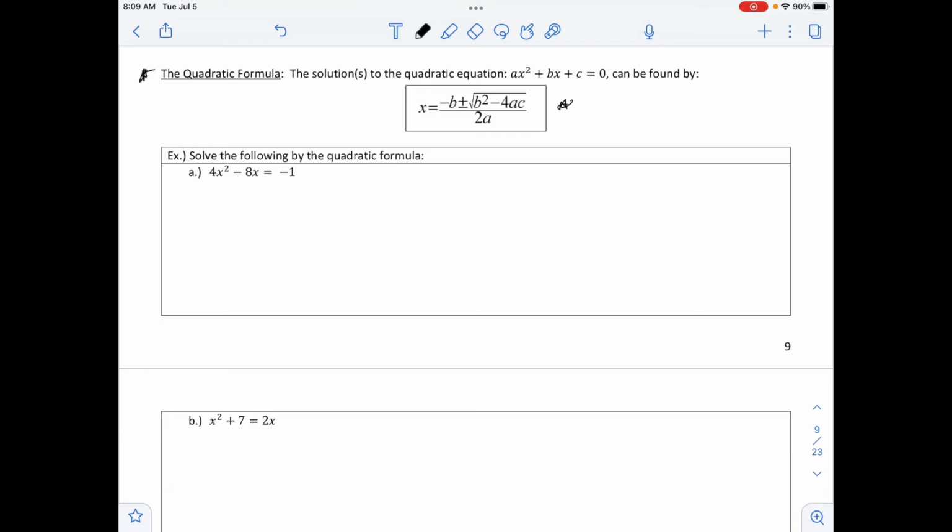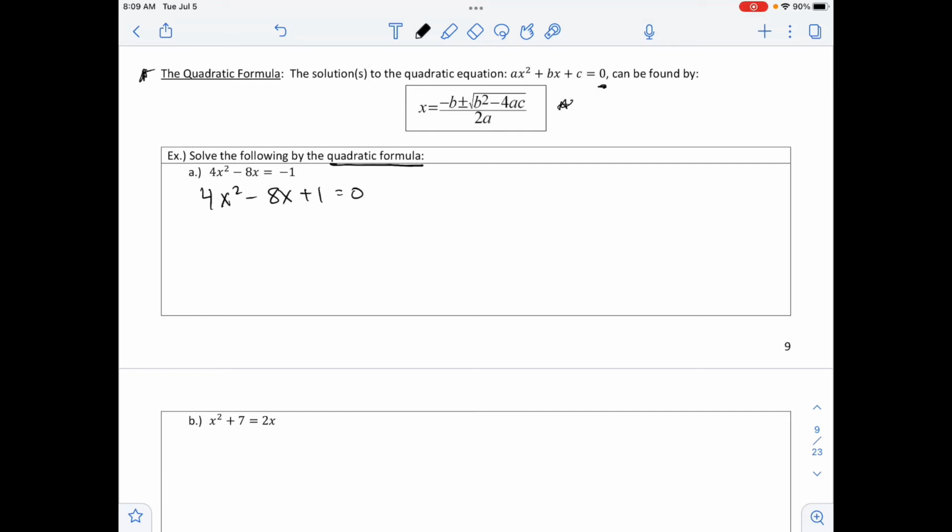So the next example says solve the following by the quadratic formula. Going ahead and making sure one side is equal to 0, which we need to have, we have 4x squared minus 8x plus 1 equals 0.